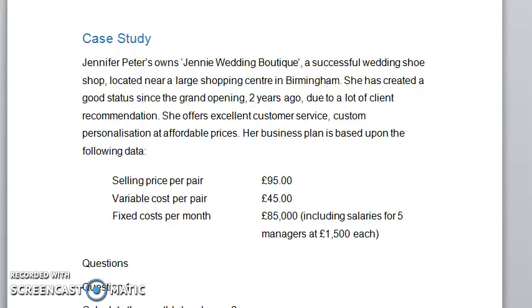Once you calculate this, it gives you a total of 1,900 pairs of shoes. Therefore, the number of pairs of shoes that need to be sold in order to make £10,000 profit is 1,900 pairs of shoes. I'm just going to show you the solution.